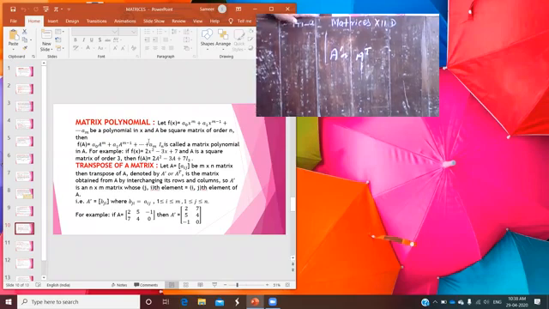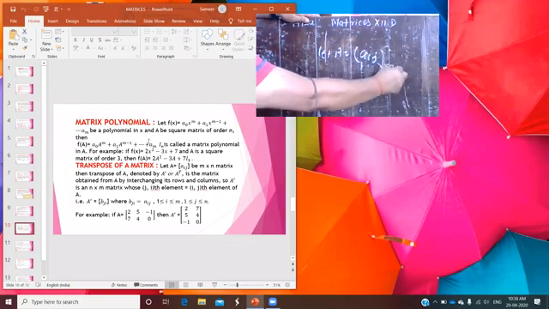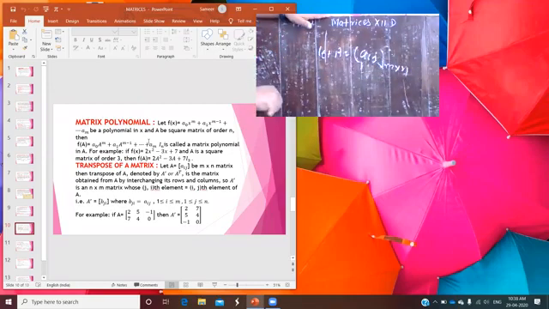How do you define it mathematically? Suppose you have a matrix A = [aij] of order m by n.